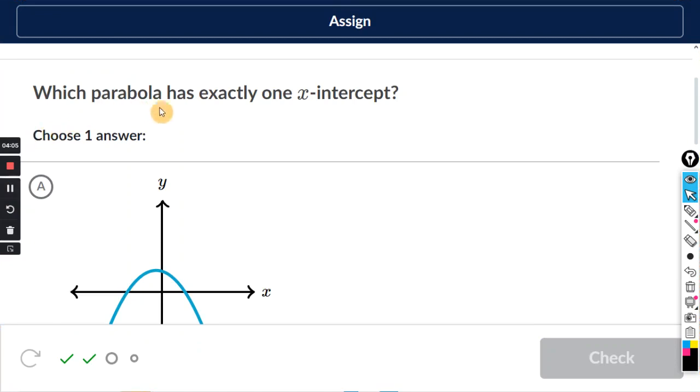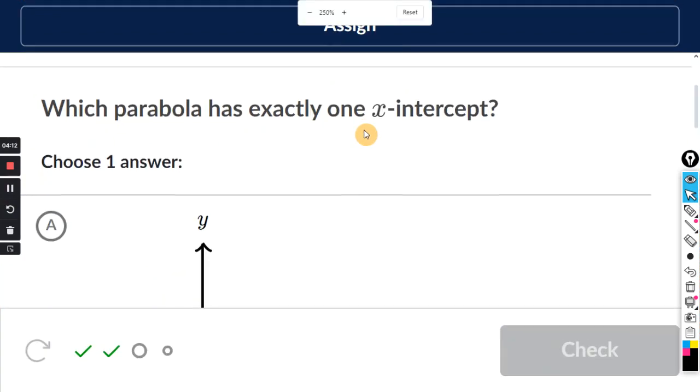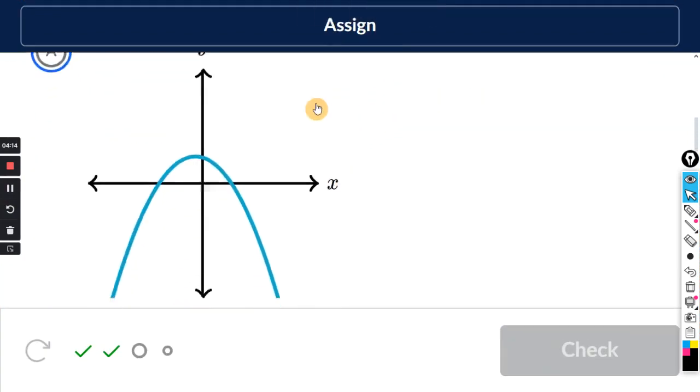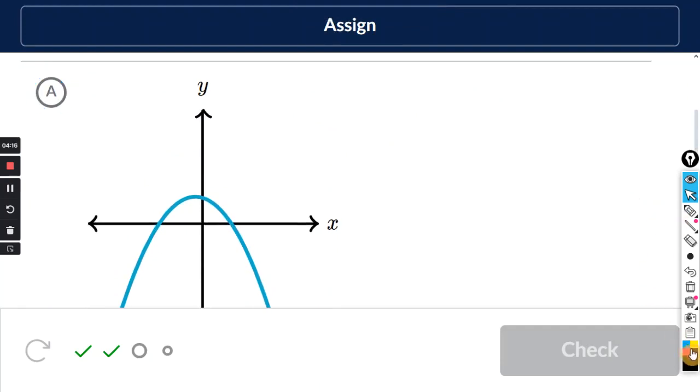Which parabola has exactly one x-intercept? This should be pretty easy. Remember, the x-intercepts is where it crosses the x-axis. If we look at answer A, we see right here, it has 2 x-intercepts on the x-axis.